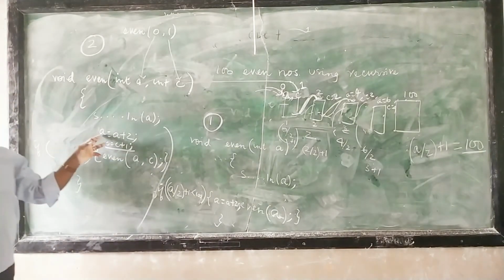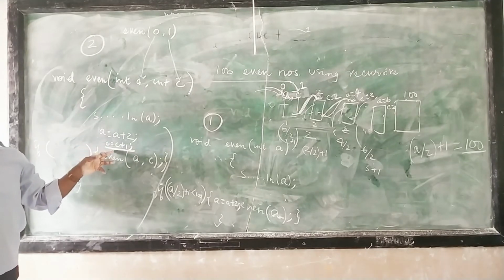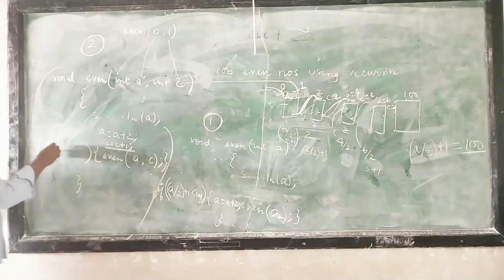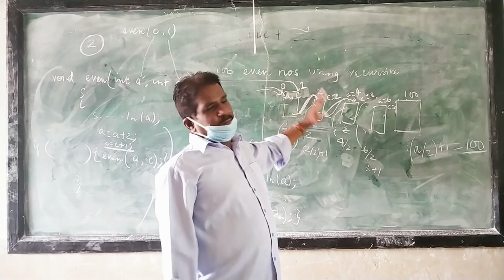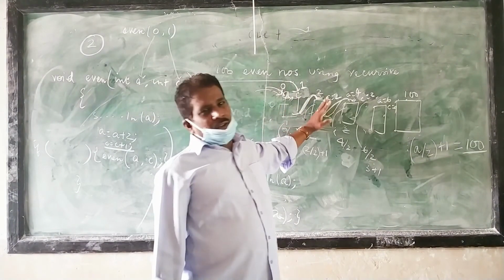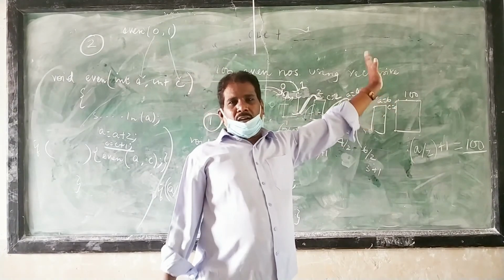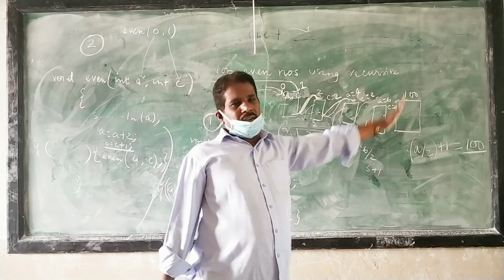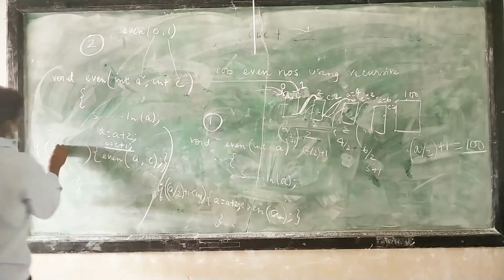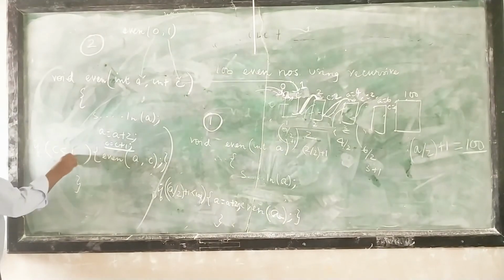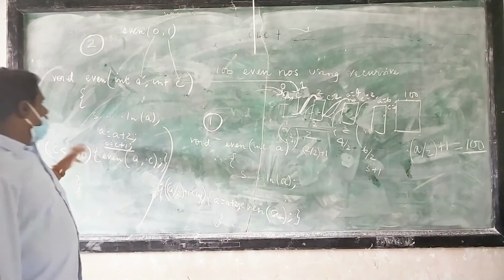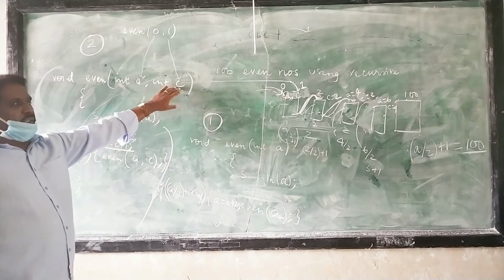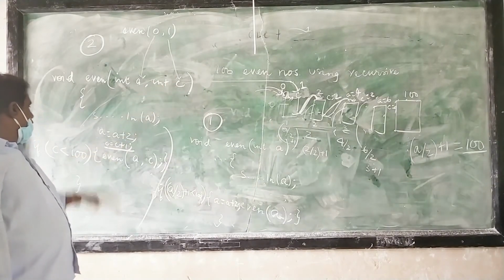So a is the even number and c is the counter. First block counter will have 1, second block counter will have value 2, and so on. 100th block counter will have the value 100, isn't it? So you have to do c is less than 100. 100th block c will have 100, but here it will become 101.